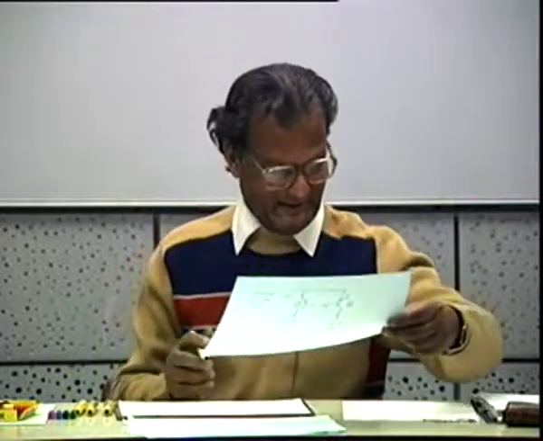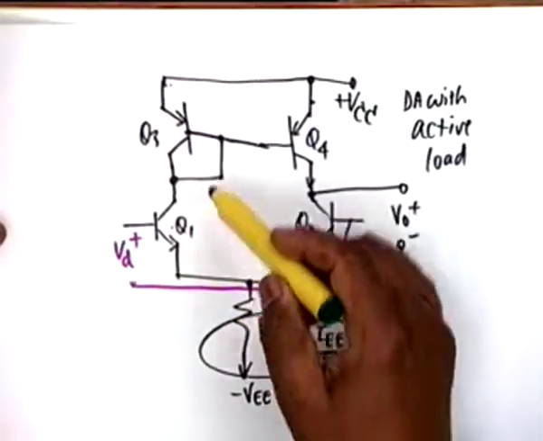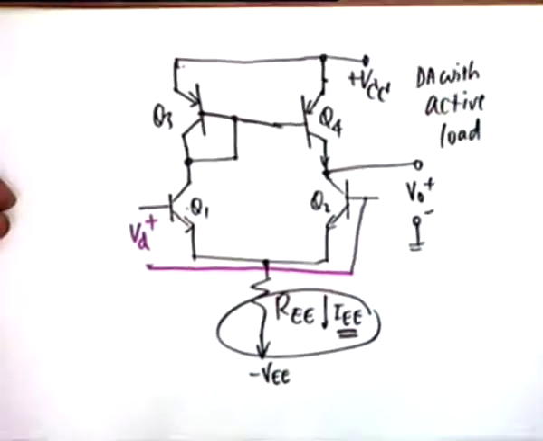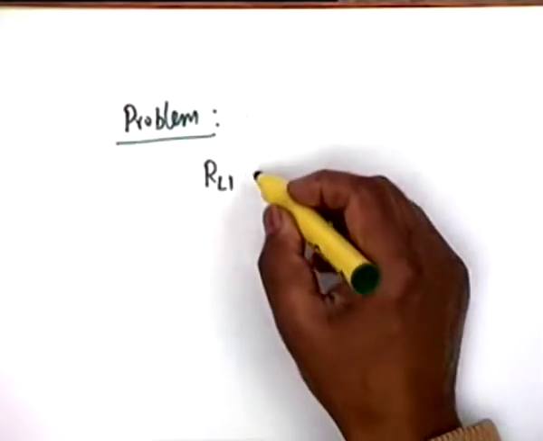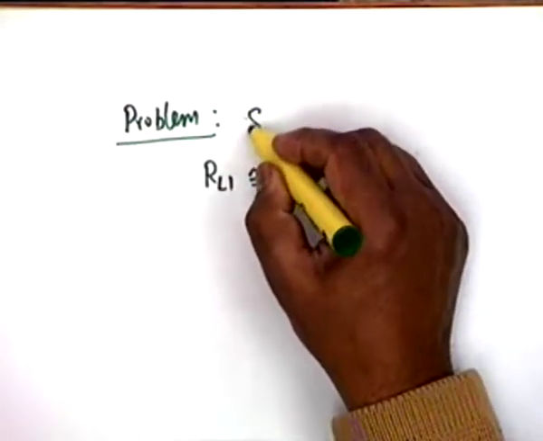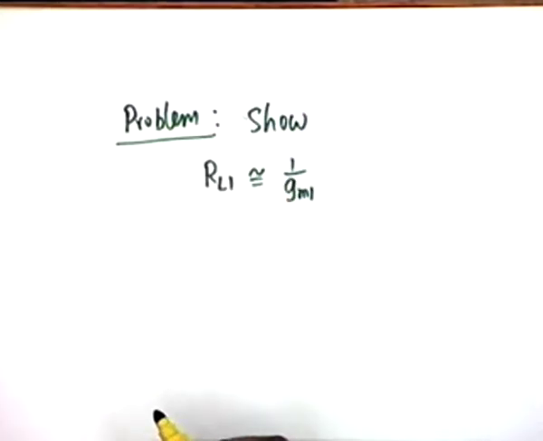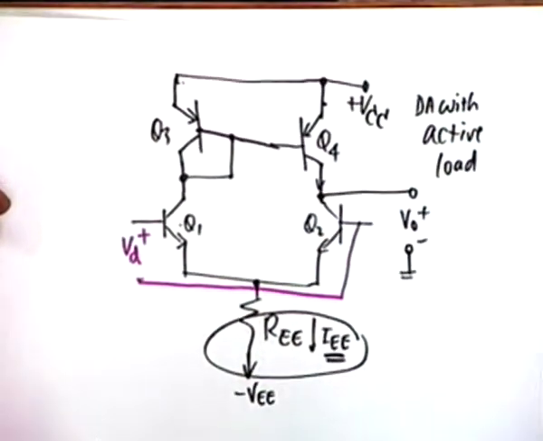The first thing that I want you to show is that RL1, that is the effective load of Q1, is approximately equal to 1 by GM1. Show. Obviously the effective AC loads of Q1 and Q2 are not the same.